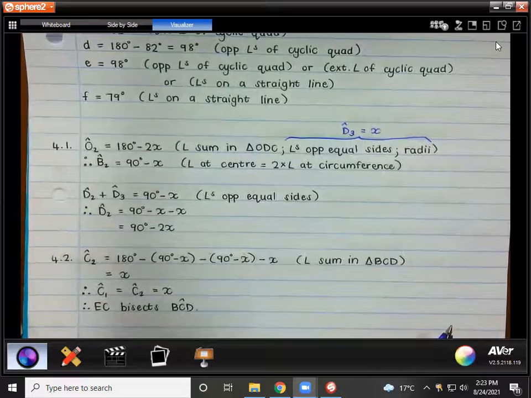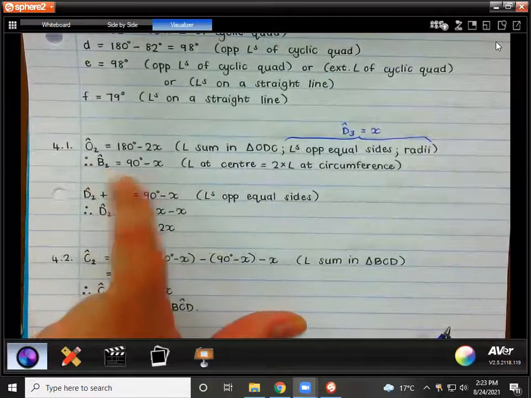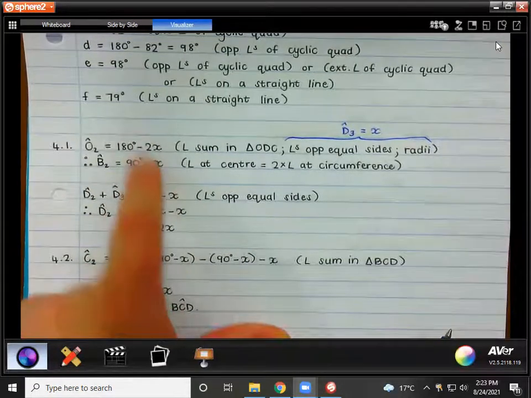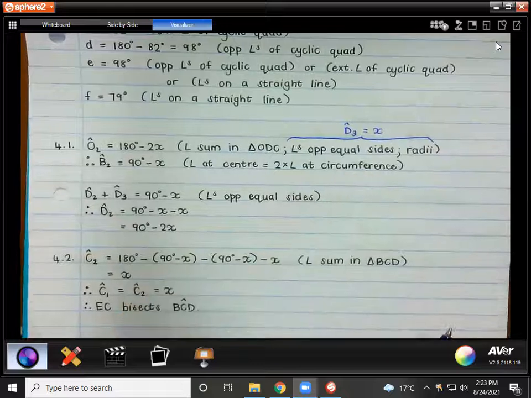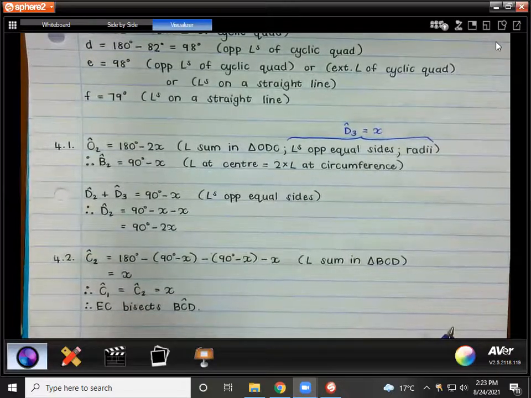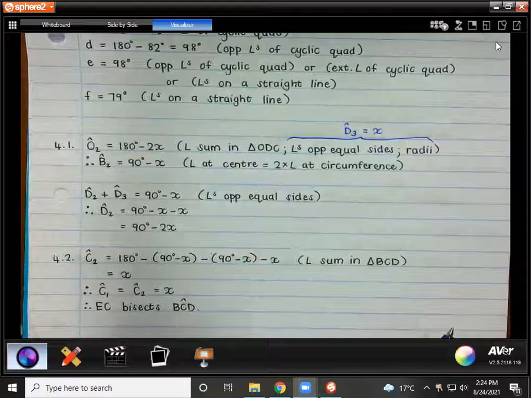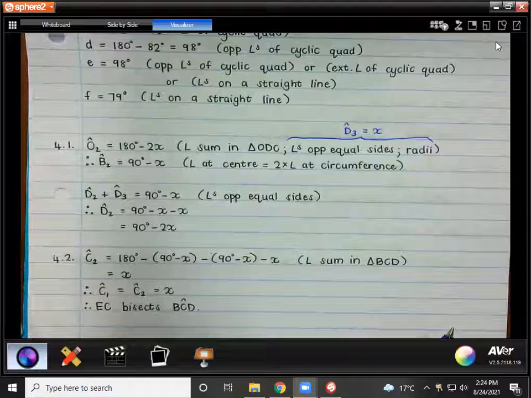Okay. Therefore, B2 is 90 minus x, half of this one, because of angle at center. Any questions on finding B2?